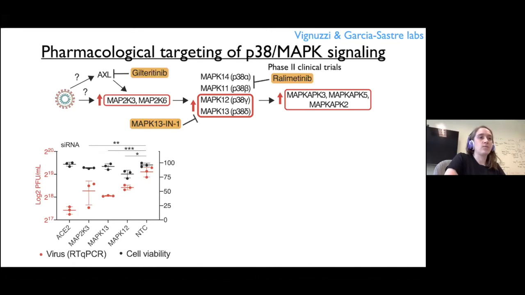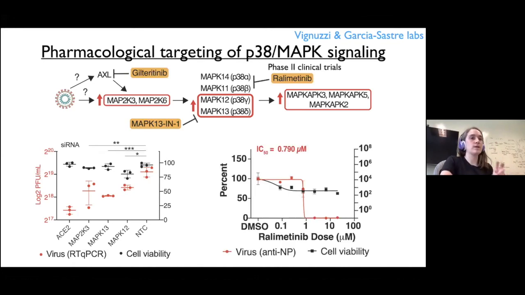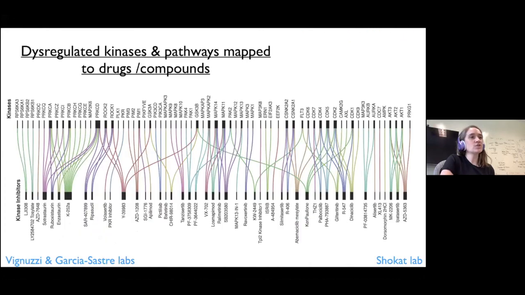And then we tested several different drugs targeting different components of this pathway. And I just have one shown here, ralimitinib, which also has sub-micromolar efficacy in this assay. So in total, we didn't just do this for these few examples.